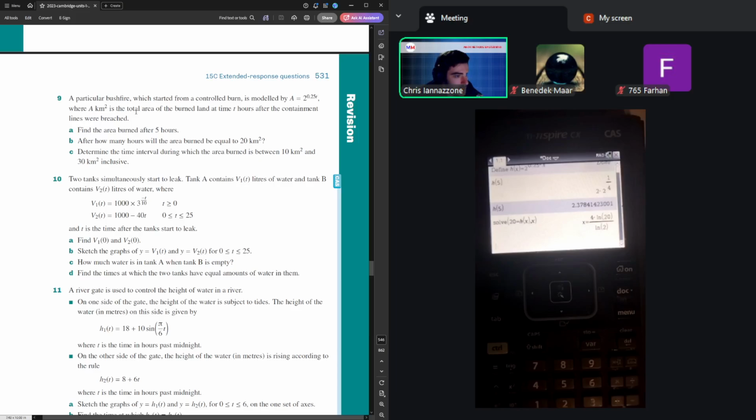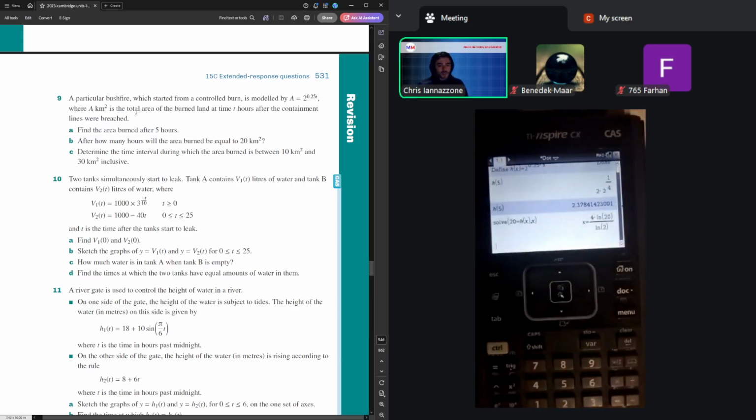Part C, determine the time interval in which the area burned is between 10 kilometers squared and 30 kilometers squared inclusive. Depending on the function you're working with, it can be a bad assumption to just say area burned will always increase. So finding the time at 10 kilometers squared and the time at 30 kilometers squared isn't necessarily always the best way to go about it.